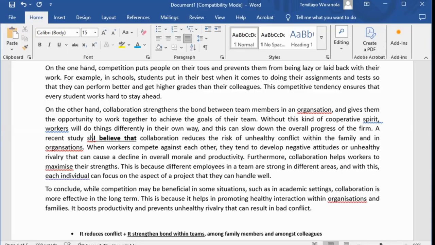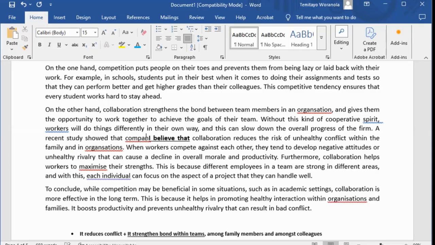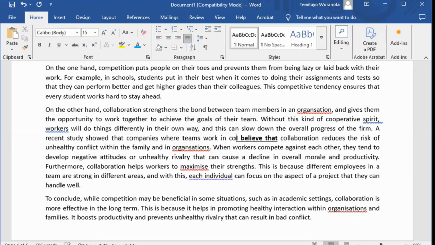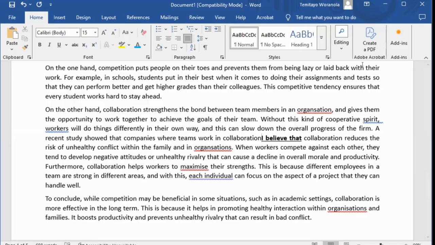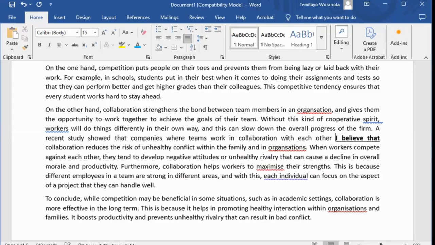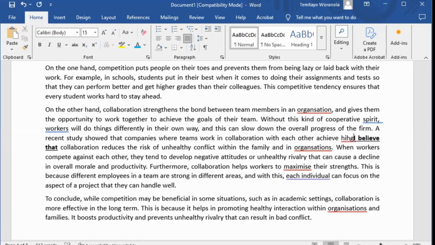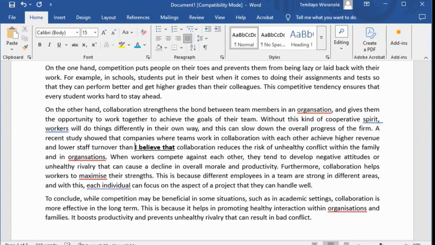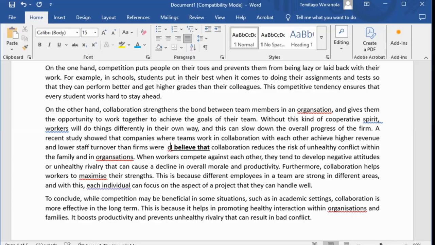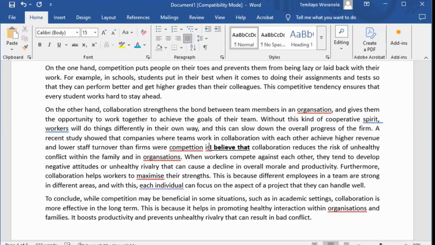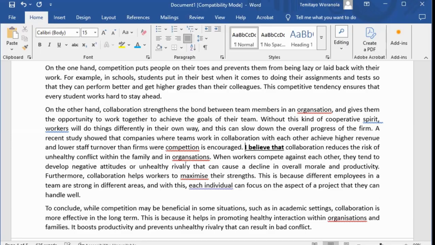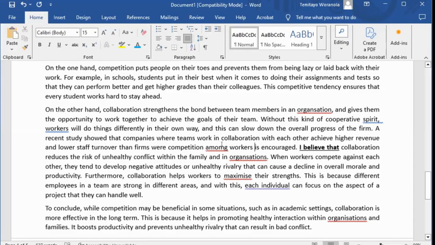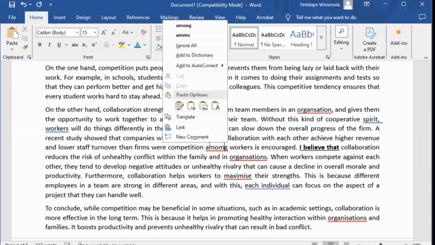A recent study showed that companies where teams work in collaboration with each other achieve higher revenue and lower staff turnover than firms where competition among workers is encouraged.